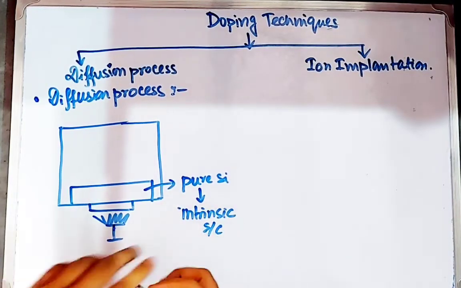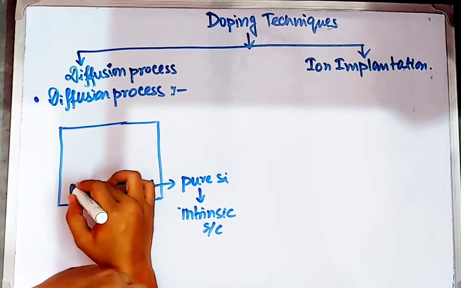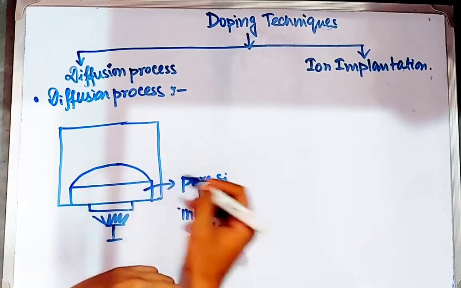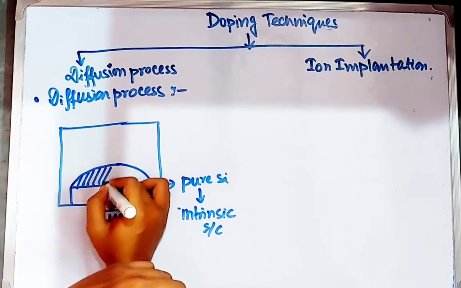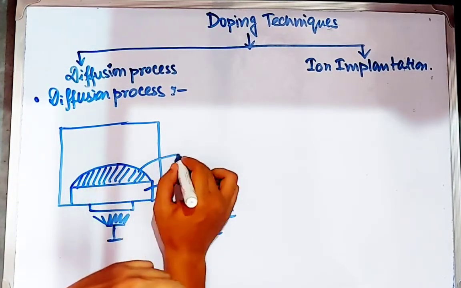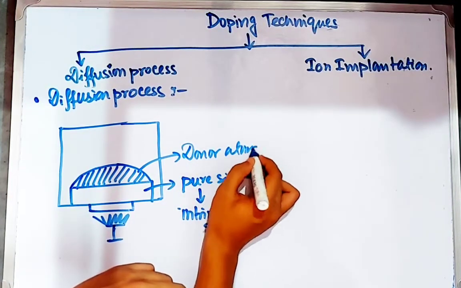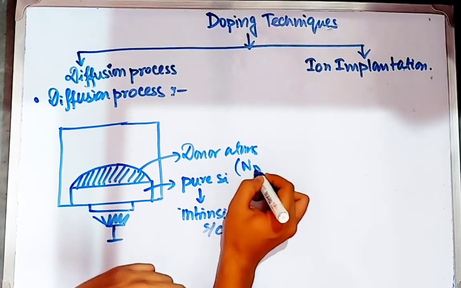So we need to add donor atoms in case of making an n-type semiconductor. Suppose this is a layer of donor atoms. Suppose it is denoted by Nd.